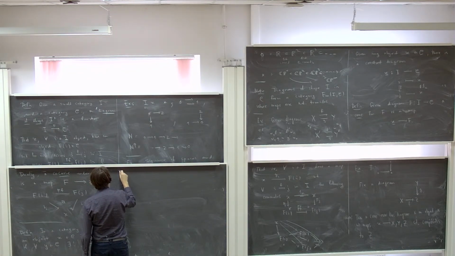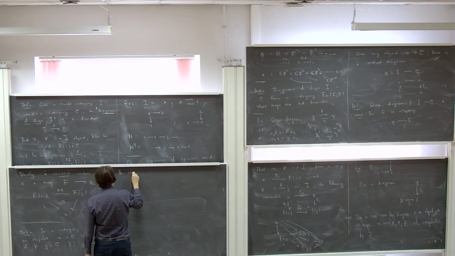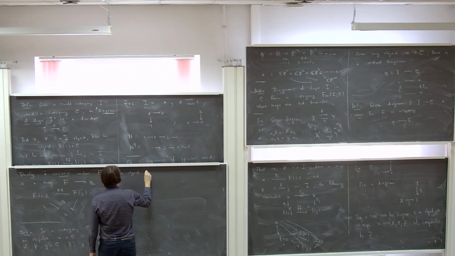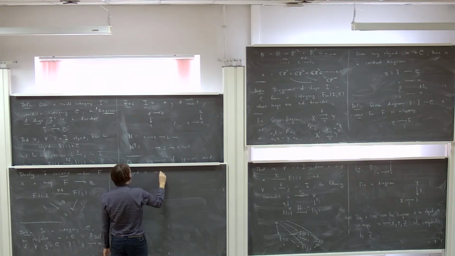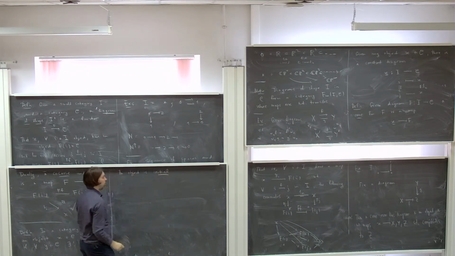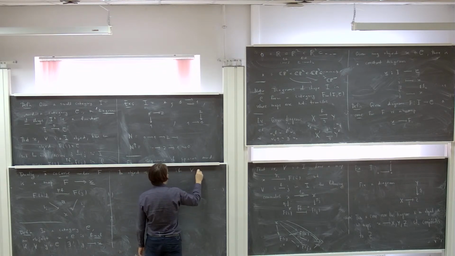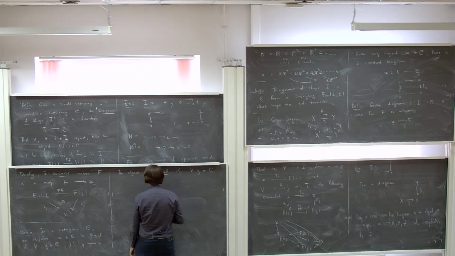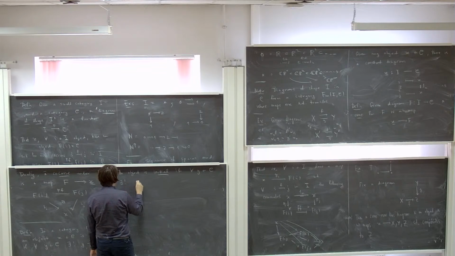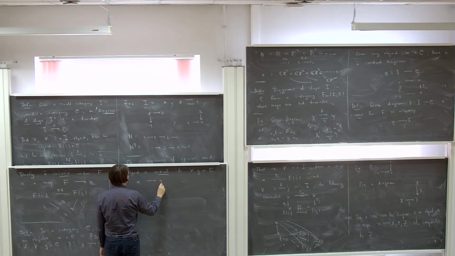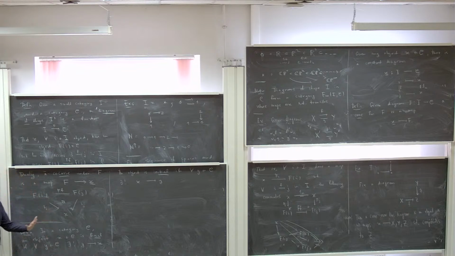The object X is initial if for all other objects Y there's a unique map from X into Y. So in the category of sets, I could take the empty set. The empty set maps uniquely to any other set because there's nothing to specify.